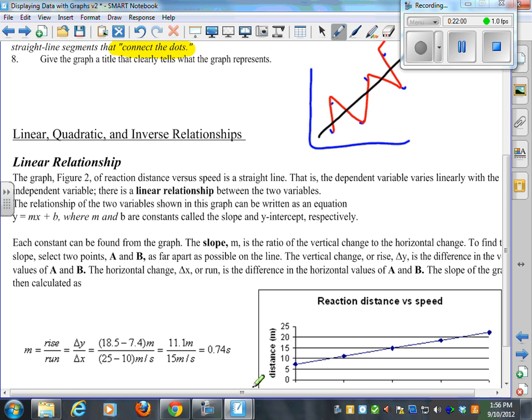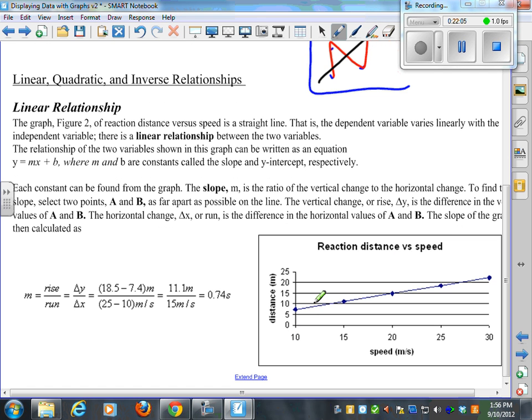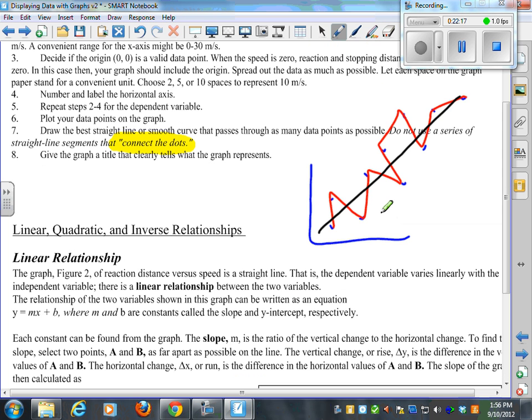So we're talking about, like in this graph down here, the slope is how steep it is, the rise over the run. The b, the y-intercept, is this point right here, right? Well, not technically because that's actually starting at 10, isn't it? It's this point right here. If this is 0, 0, it'd be like that, right?